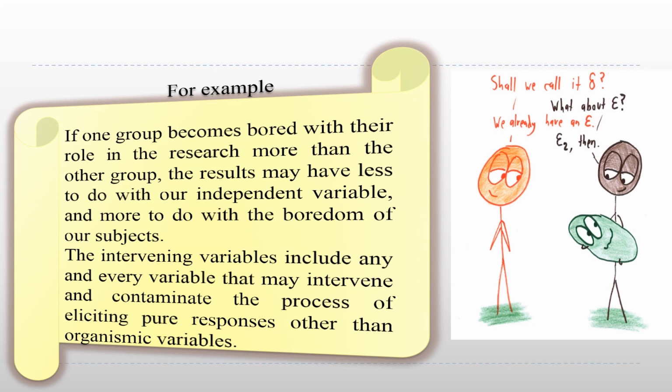The intervening variables include any and every variable that may intervene and contaminate the process of eliciting pure responses other than organismic variables. So learners, in this video, we learned about the concept of variable and its various types.